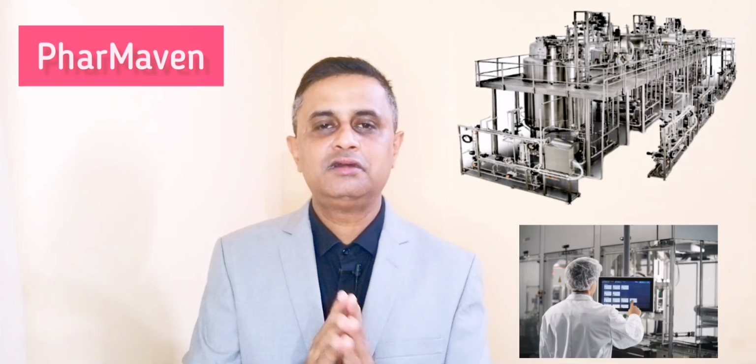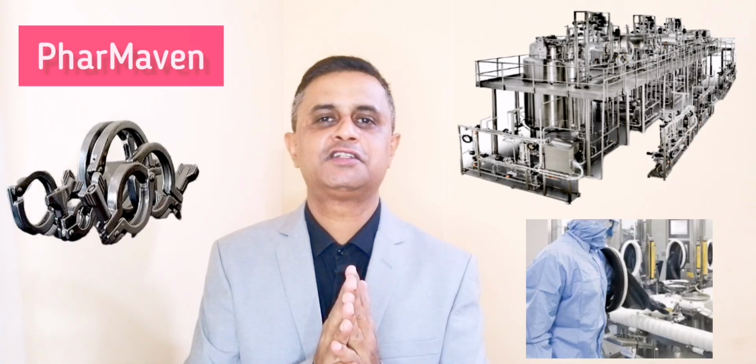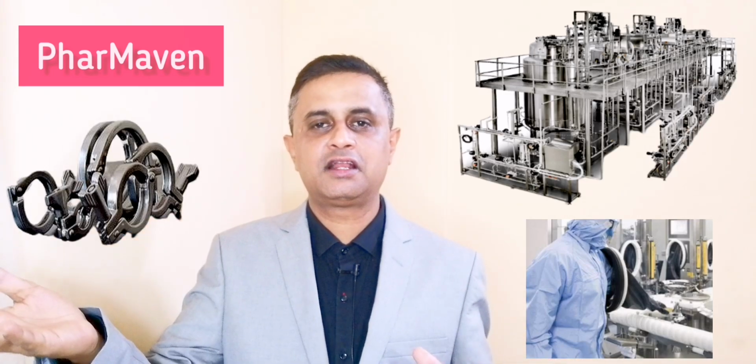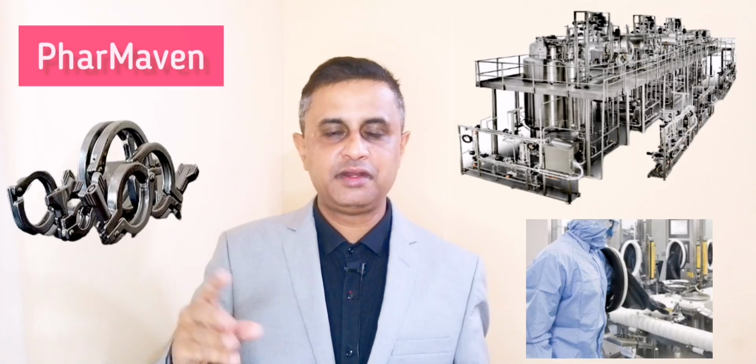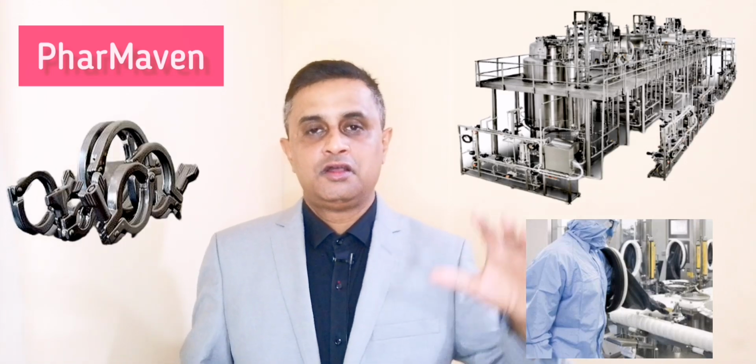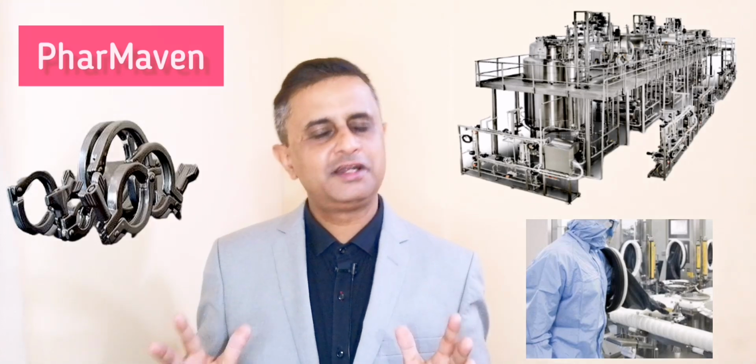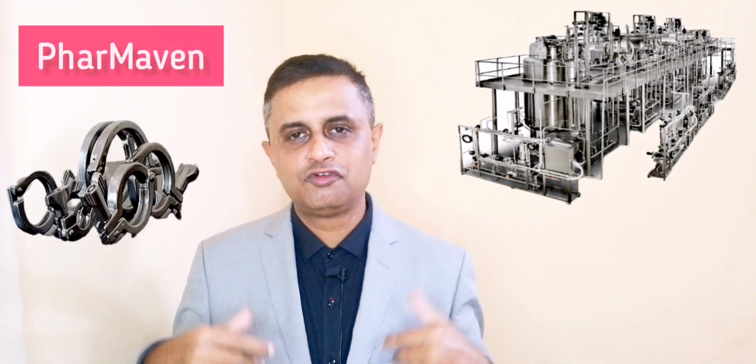No further connection or intervention should happen once you have done your complete leak test. Then you should go directly for the processing, which can be media fill or product. So ensure that the entire system is leak proof. When it is leak proof, then you go for your actual processing.